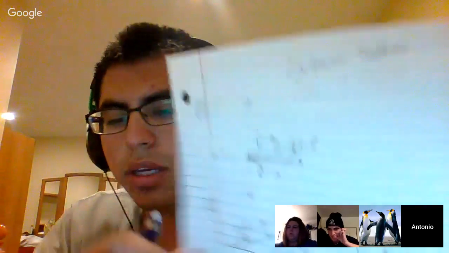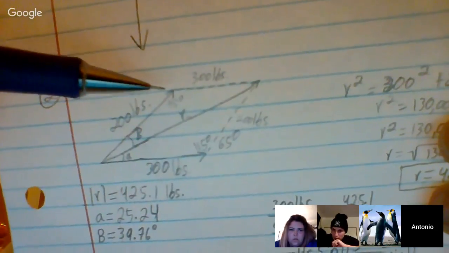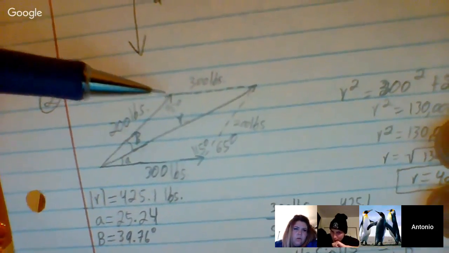And so the C at the very end, the cosine, is this angle right here, that's the 115 degrees. Okay, that's my C. Oh, okay. So you used the law of cosines, but you substituted R or C for R. Is that what you're saying? Yes. So it turns out to be R squared equals A squared plus B squared minus 2AB cosine of R.